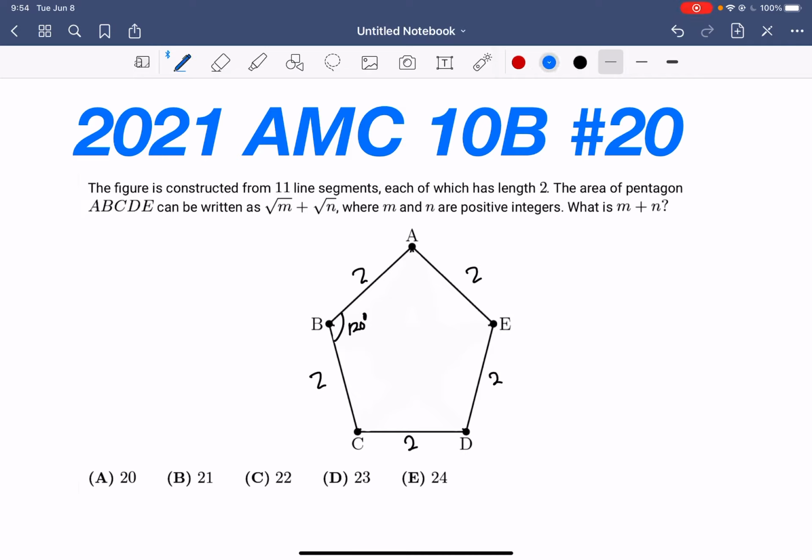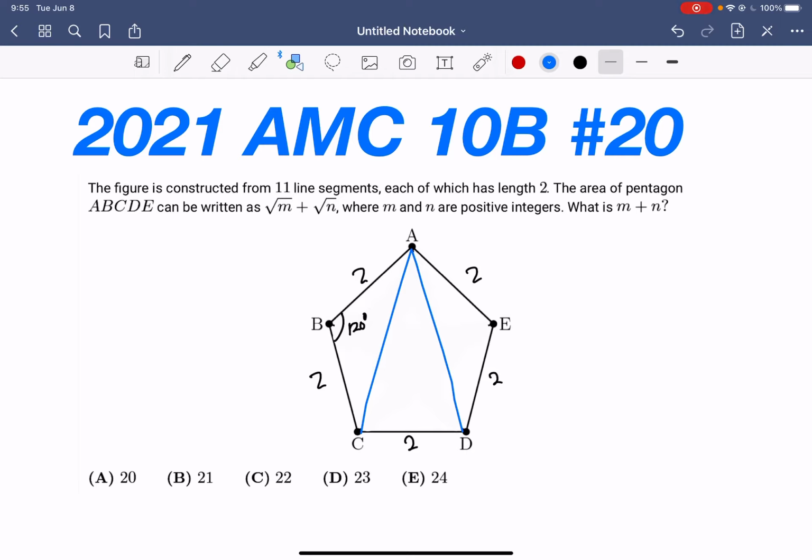We can certainly draw a line from A to C and A to B, separating this pentagon into 3 triangles so that it is easier to calculate the area, since triangles are relatively easier to calculate than pentagons.